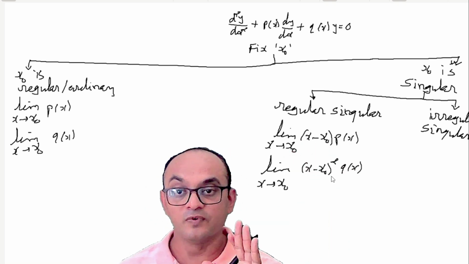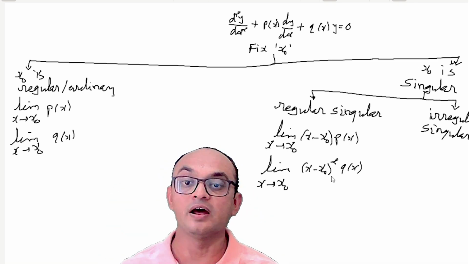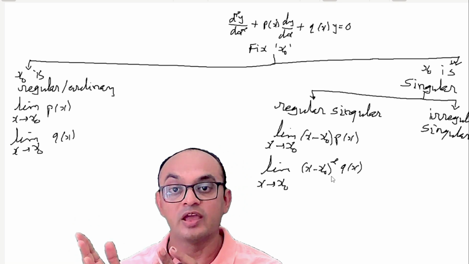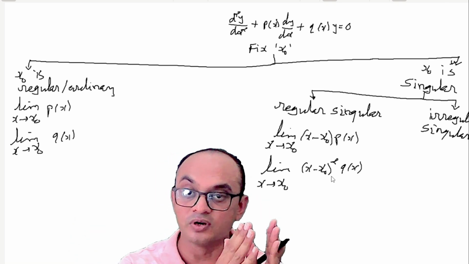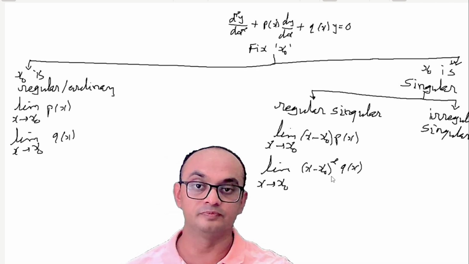Right. So first, suppose we have been given any differential equation, then how do we find the regular points, ordinary points or regular singular points? Let us discuss it with an exercise.